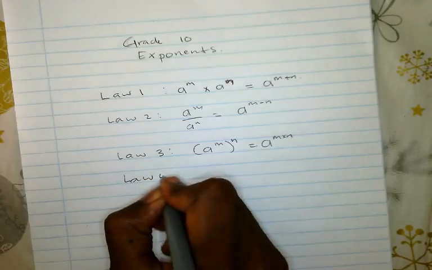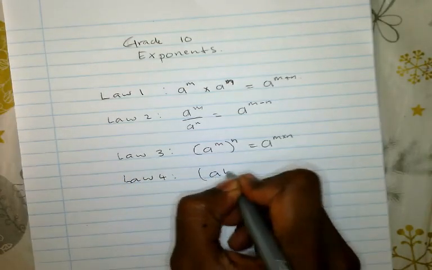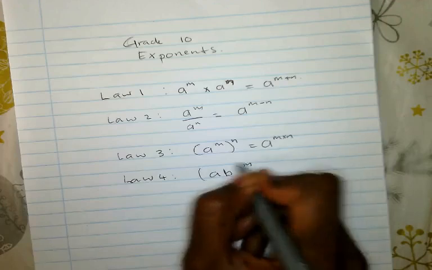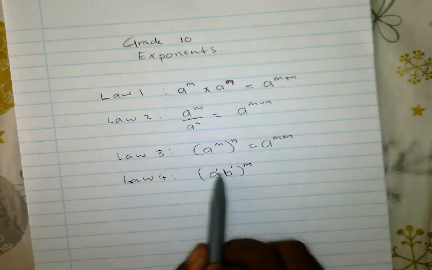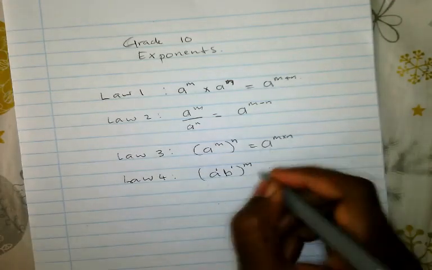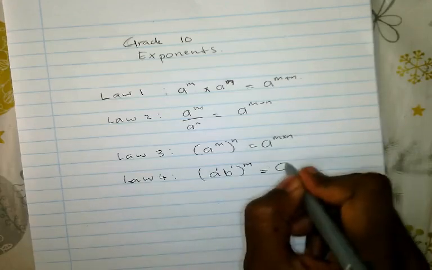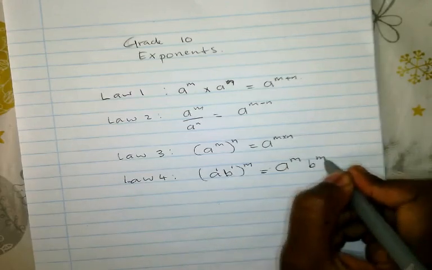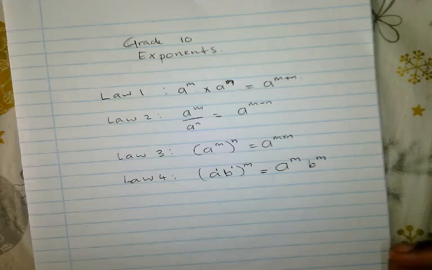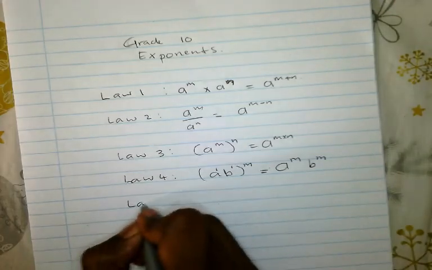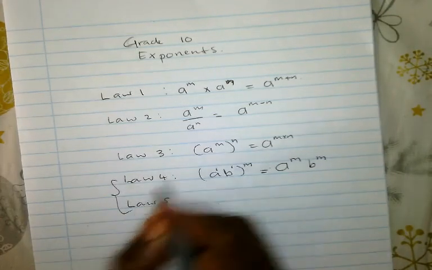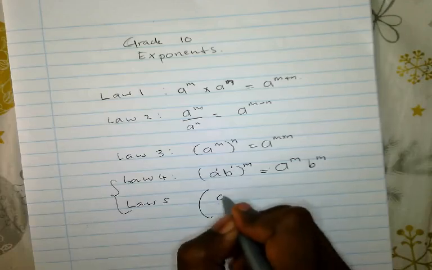If I have a product inside, I'm going to multiply. We know all the invisible exponents are 1, so I'm just going to multiply everything inside by the exponent outside. Law 5 is similar to law 4, the same thing but with division.